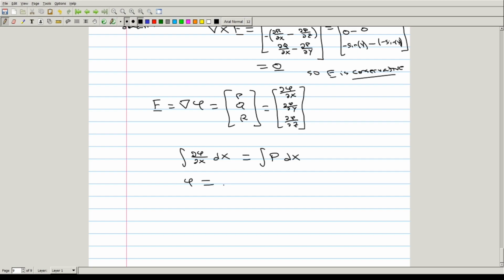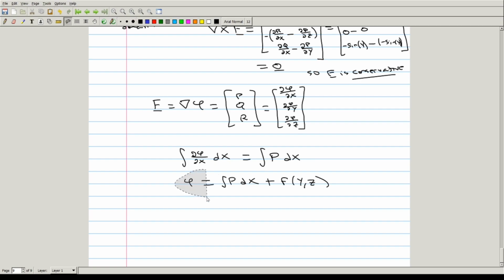And this becomes the integral of p dx plus, in general, it's not going to be a constant. It's going to be a function of x and y, or a function of y and z. So in general, when we integrate both sides of this expression, we have to include not a constant, because we're only integrating a partial derivative.